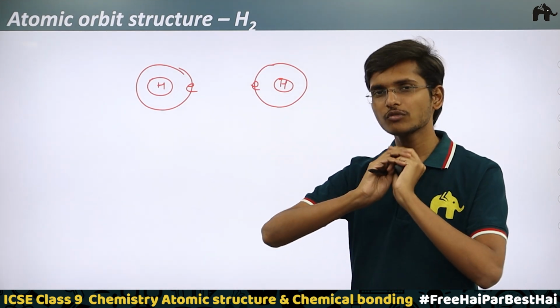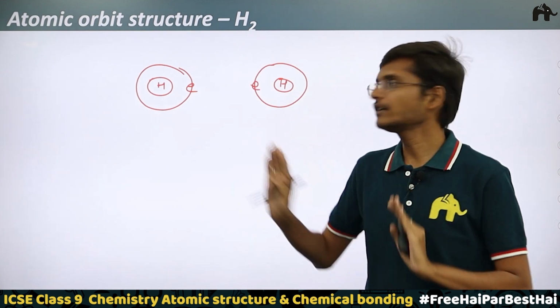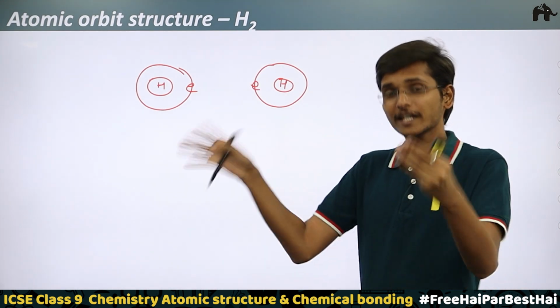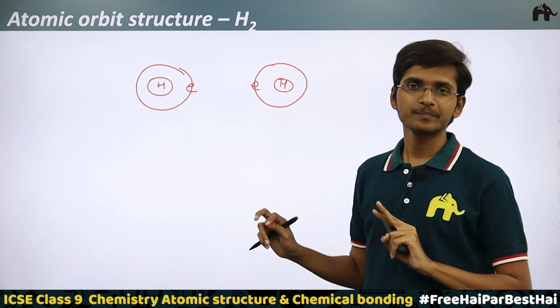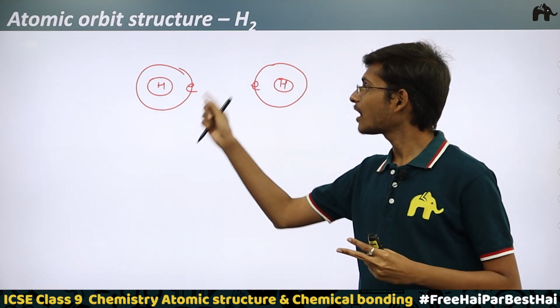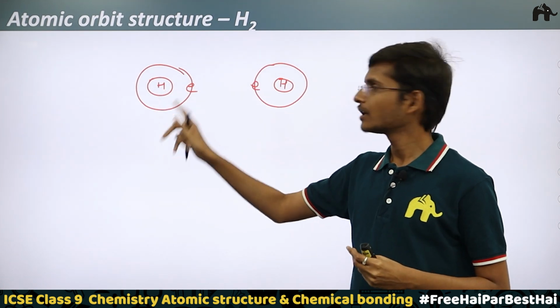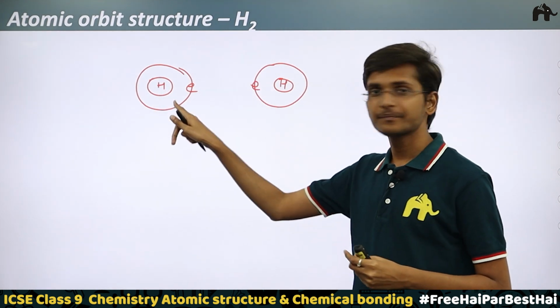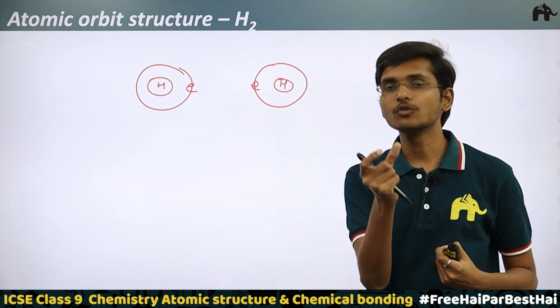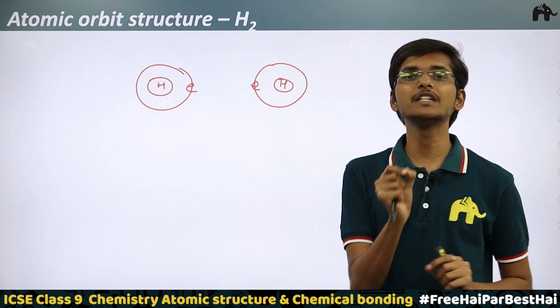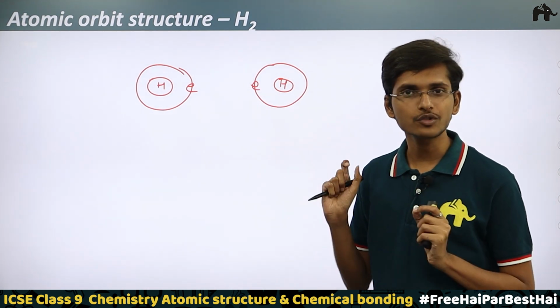So there is no question of attaining an octet, because its shell cannot accommodate 8 electrons, only 2 maximum. And once it gets one more electron in its shell, it attains the noble gas configuration of the nearest noble gas to the hydrogen atom.